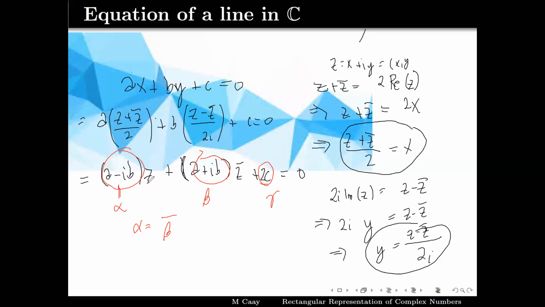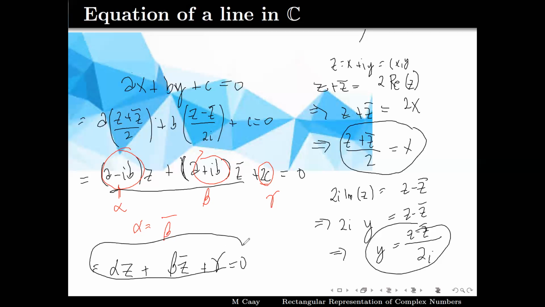Then I can write this equation as alpha z plus beta z bar plus gamma equals 0. So this is now the equation of a line in a complex plane. Okay, if you have a question or clarification, you can comment down there on the video.